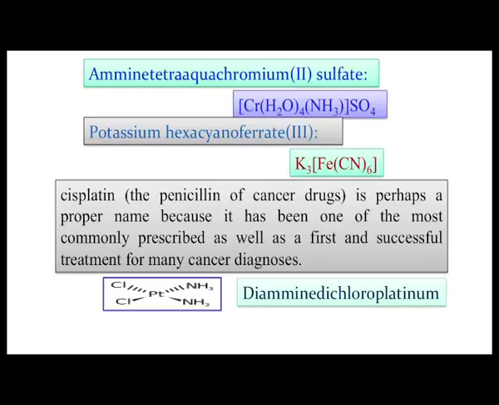Once the chromium is stabilized in tetrahedral geometry, it can immediately go to octahedral geometry. So, once we try to get this penta coordination, it immediately attracts a water molecule from the other side to complete the octahedral form.